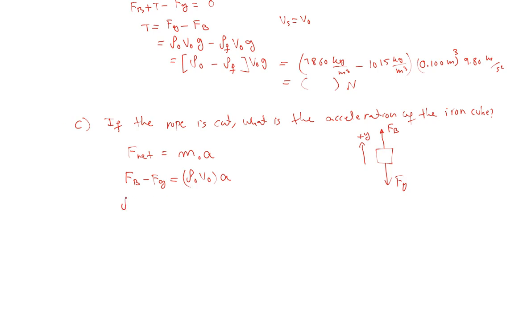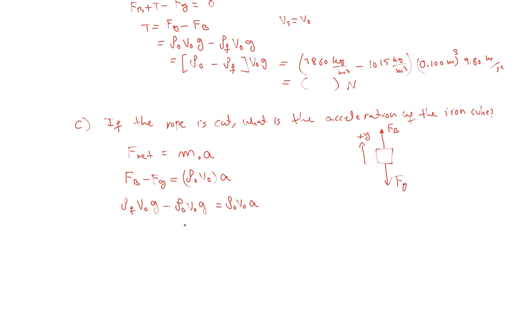F buoyant is rho fluid, volume submerged, which is V object because it's fully submerged, times g, minus gravitational force, which is rho object, V object, times g, equals rho object, V object times a.